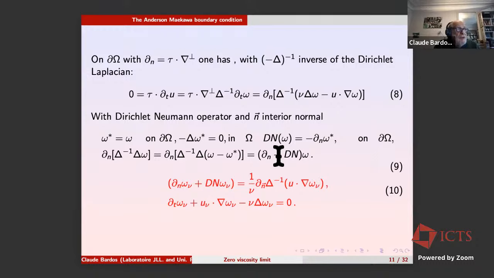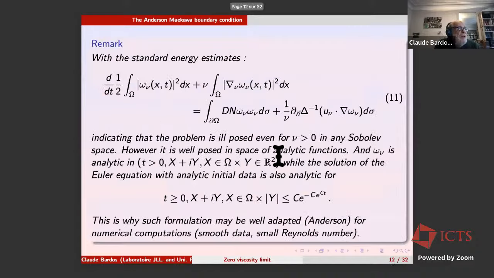Then, why don't you use that in all cases for Navier-Stokes? The answer is that if you play with the standard energy estimate, you multiply by omega nu, and you obtain a lower order quantity on the left-hand side, and on the right-hand side, a term which is bad. Bad because there is a 1 over nu here, and that's bad for nu going to 0.